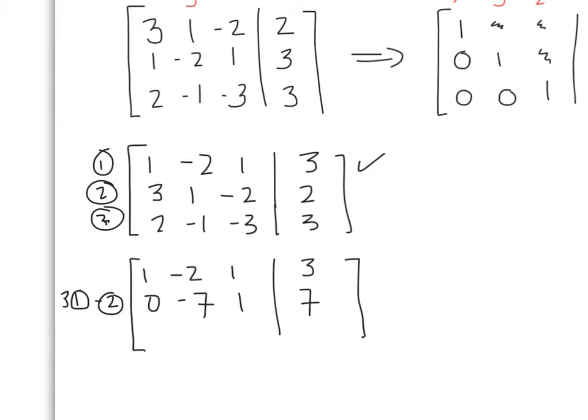Now I want to also get a 0 down here in the third row. So I can do that by doing the same thing. Instead of multiplying the first equation by 3 though, in order to eliminate this 2, I need to multiply it by 2. So it's going to be 2 times equation 1 minus equation 3. I'm going to get a 0 down here. I'm going to multiply 2 times equation 1, so negative 4, minus negative 1, which is like saying plus 1.